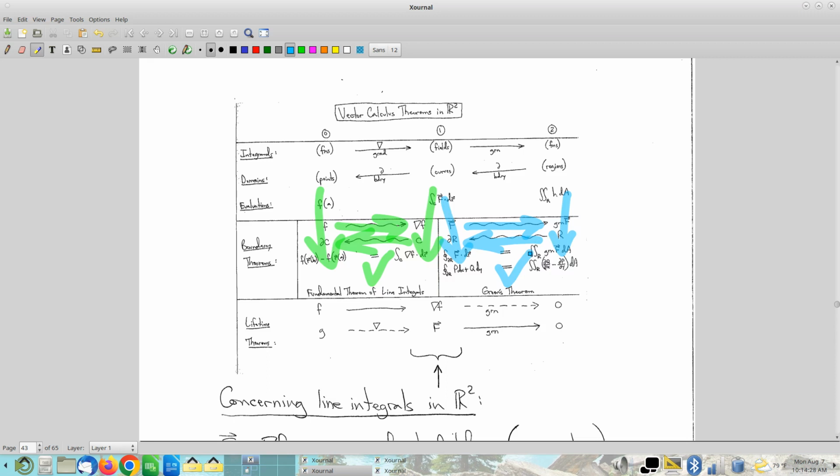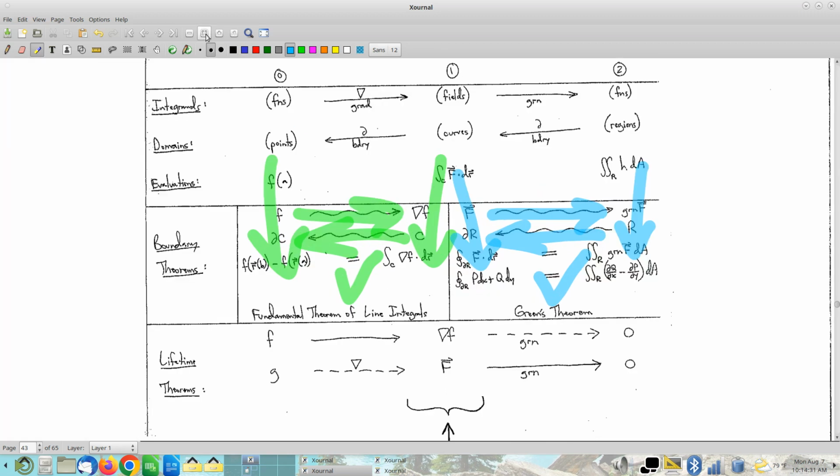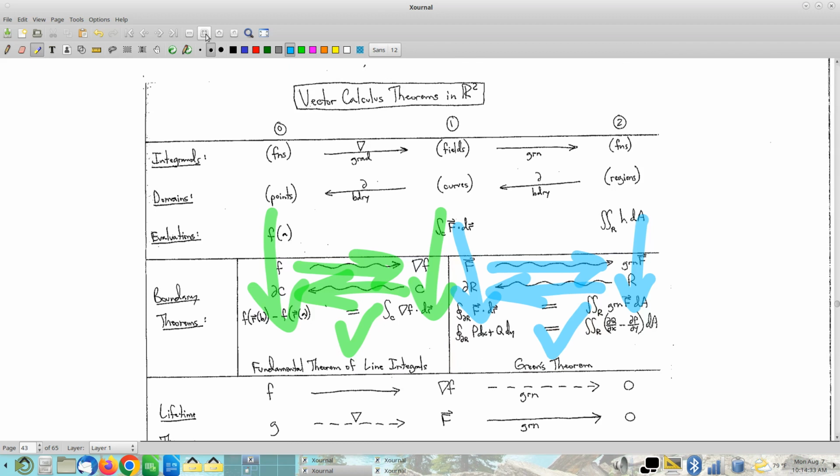So these theorems, Green's theorem and the fundamental theorem of line integrals, are totally different theorems about totally different contexts: a two-dimensional region with a boundary curve, totally different from a curve with boundary points. And yet extremely analogous. The diagram really illustrates the analogy, and I think argues for how strong the analogy is.